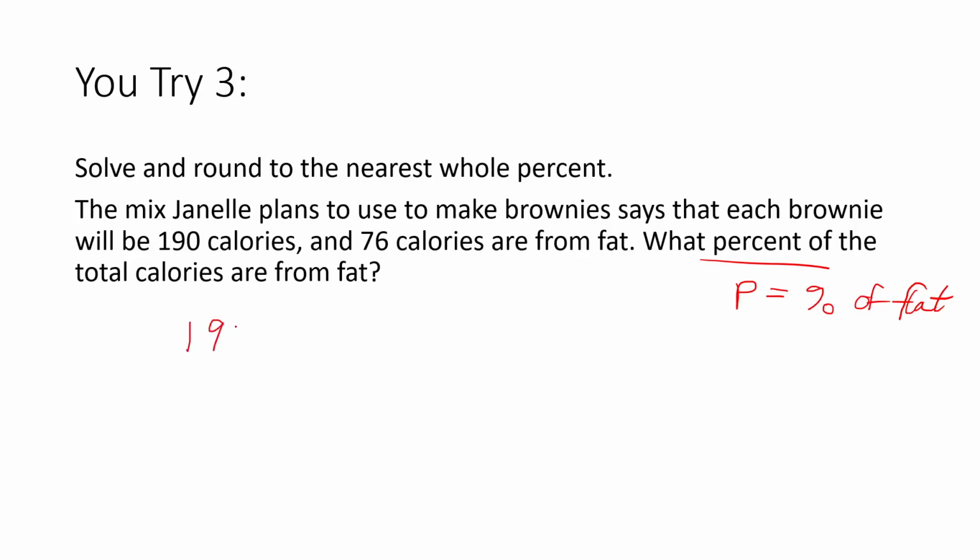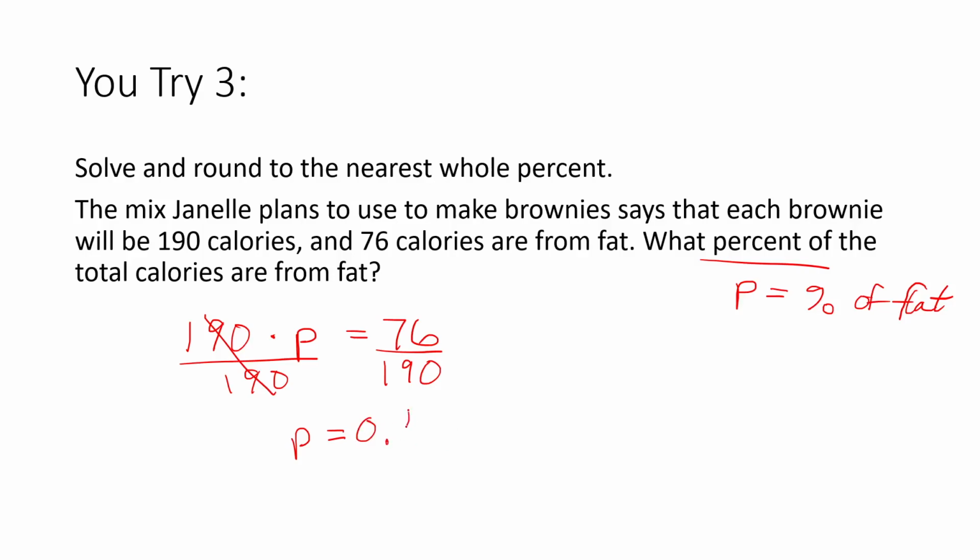So I'll go 190 times P is equal to 76. Divide both sides by 190. What will I get? P is equal to 76 divided by 190. Happens to be 0.4.